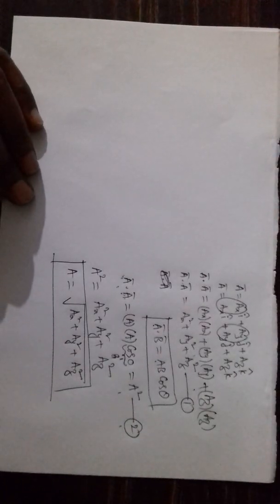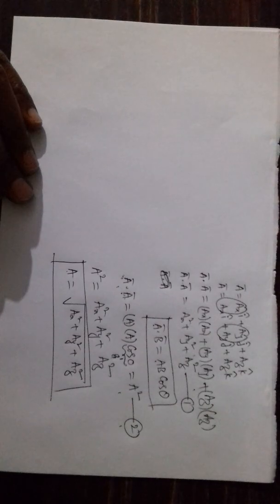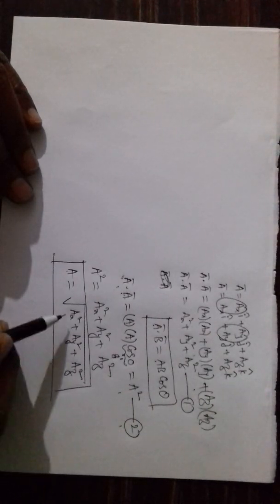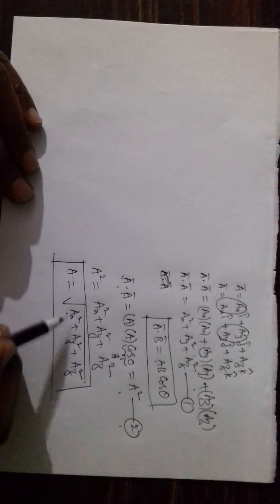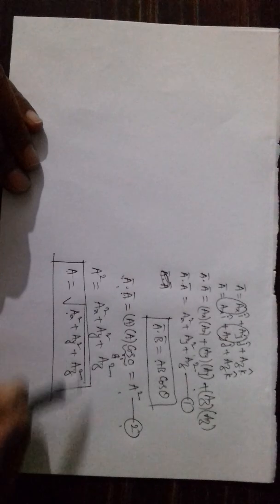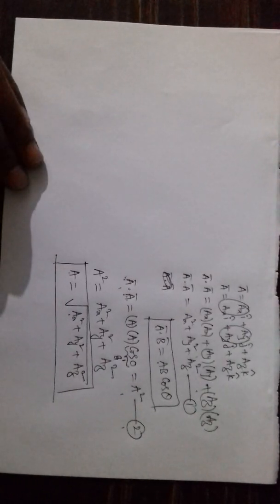That is, if you want the magnitude of a vector, all you have to do is take the sum of the squares of the x, y, z components. Afterwards you find its square root. That's all. In this way you can find its magnitude.